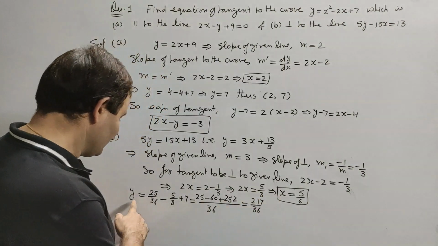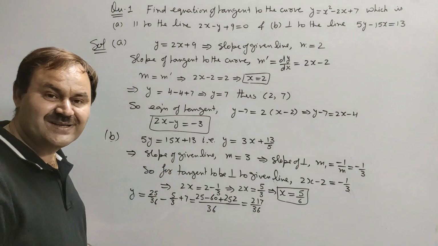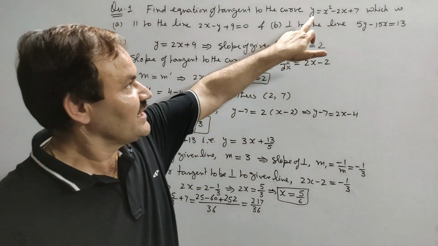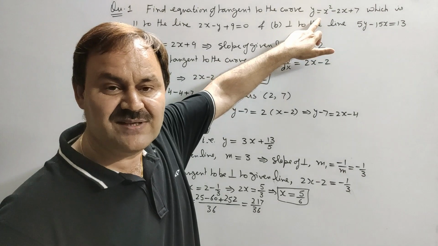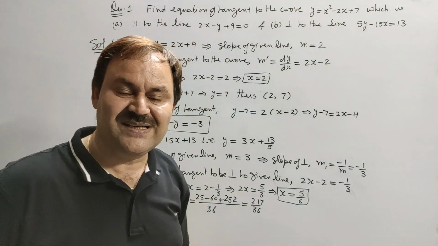These values of x and y correspond to the point on the given curve at which the tangent will be perpendicular to this line.